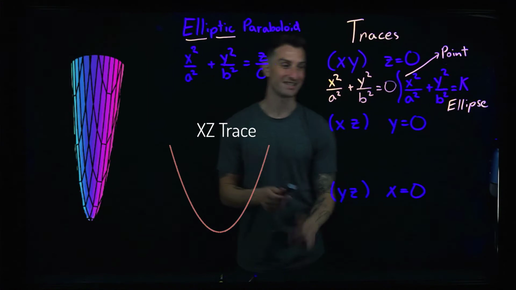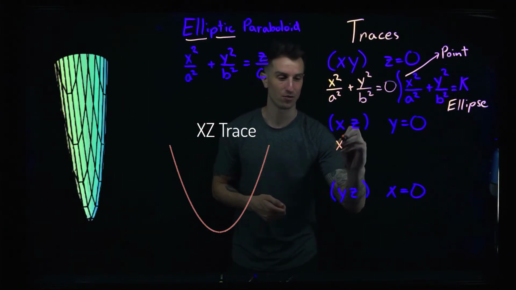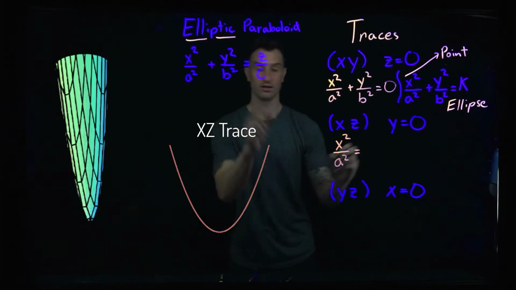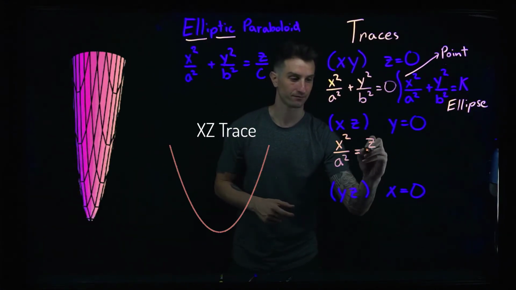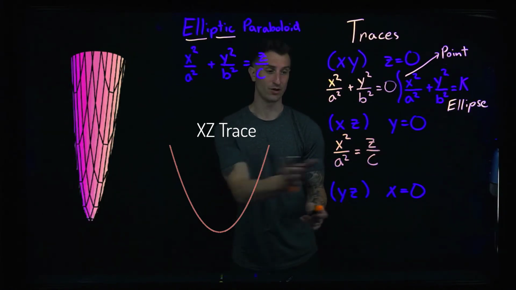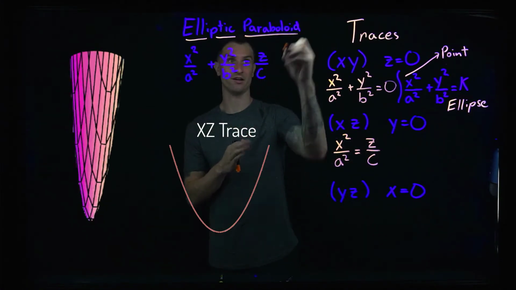Okay, now in the xz plane, these end up being very nice. What do we have? We have x squared over a squared is equal to z over c. And this ends up being fairly nice. What is this shape? Well, this is just going to be the second part here, a parabola.